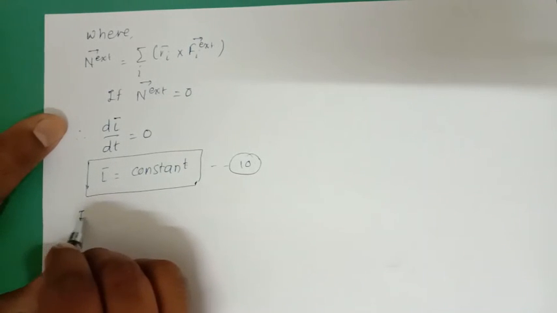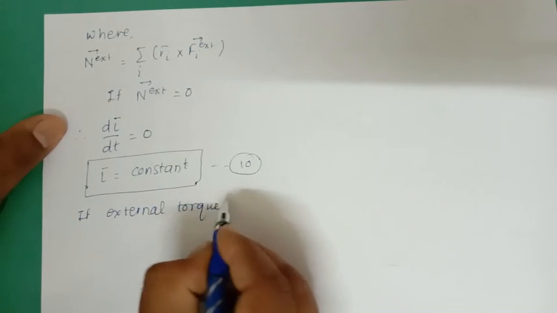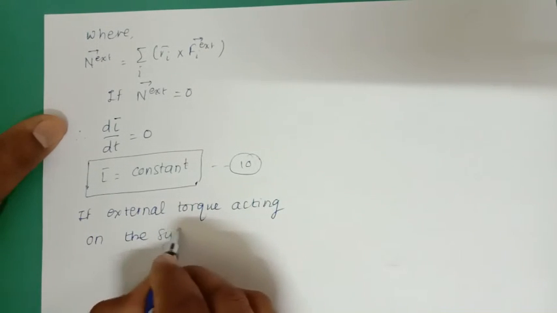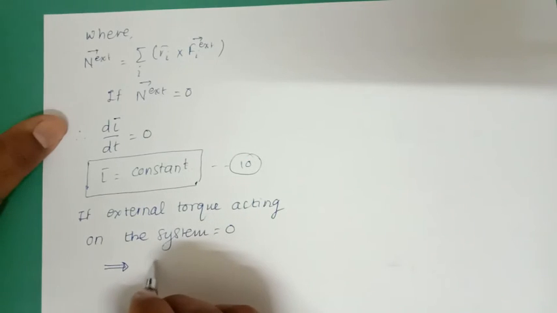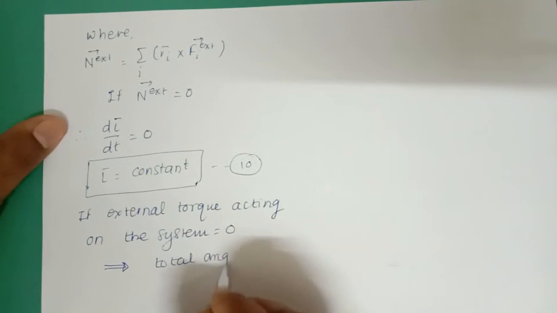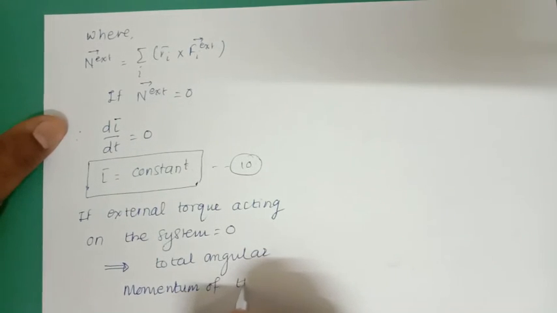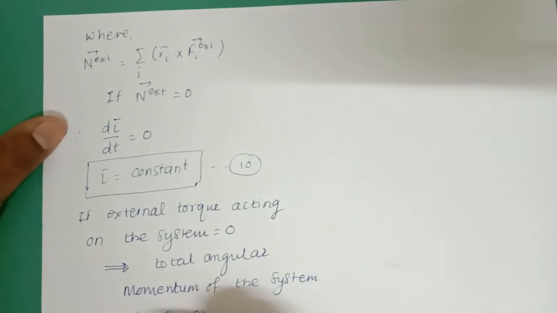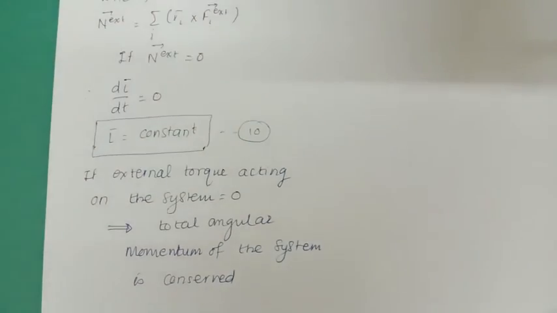Therefore, if the external torque acting on the system is 0, in that case the total angular momentum of the system is conserved.